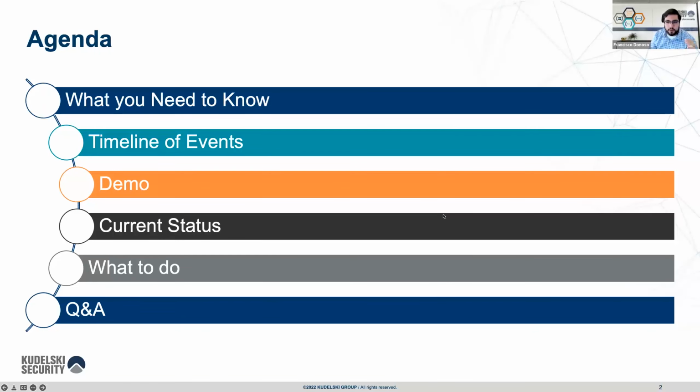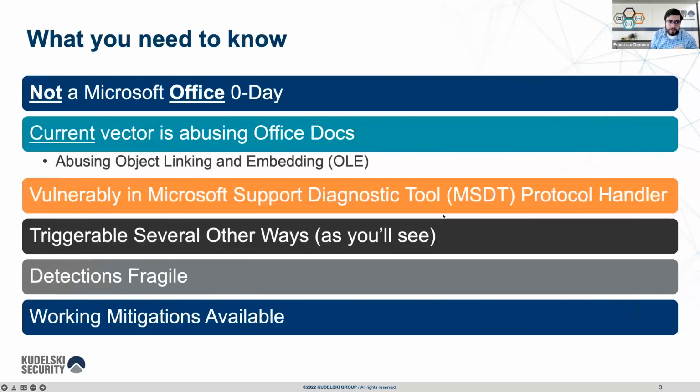So, starting with what you need to know. First things first, I'm sure you've seen this quite a bit, but we still see some confusion about what this vulnerability is. It's not a Microsoft Office 0-day. It's actually much more broadly impacting, and it's a 0-day in another part of the Microsoft operating system.